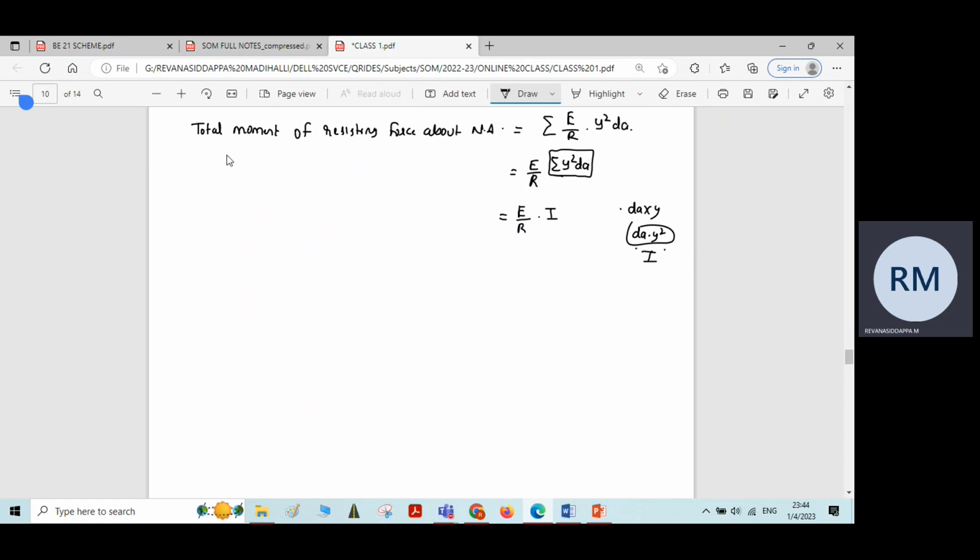Now I'll take the moment of resisting force about the neutral axis as M dash.